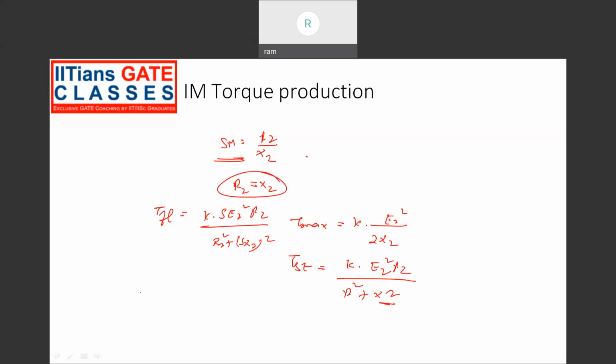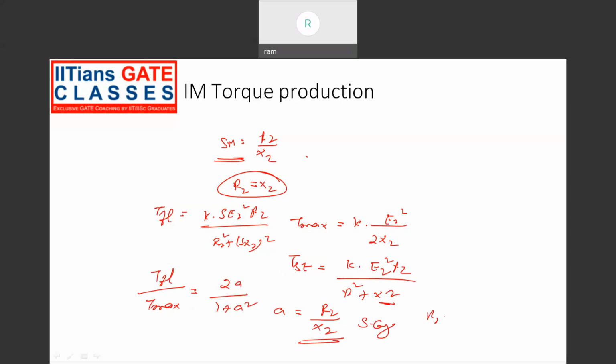Now if you take the ratio T full load by T max, this is given by 2a by 1 plus a square, where a equals R2 by X2, for the squirrel cage induction machine.